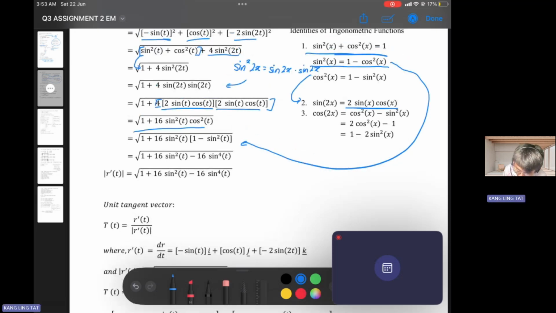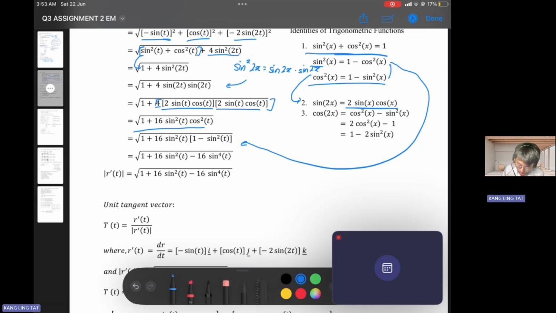Oh yeah, my apologies. Actually, it should be the cosine x. So it'll be the square root of here. Should be this one. The square root of cosine square x is equivalent to 1 minus sine square x. All right.